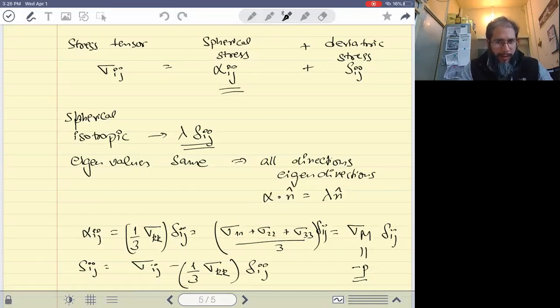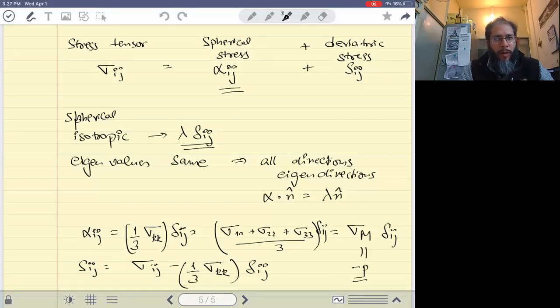And again, try to recall when you learned about pressure. What you learned was that pressure acts equally in all directions. Right? So now we can understand what that means. If I take a hypothetical plane which has a normal n hat, what I would see is that the pressure will apply a force which is exactly in the normal direction but inwards. That's the reason we have a negative sign.